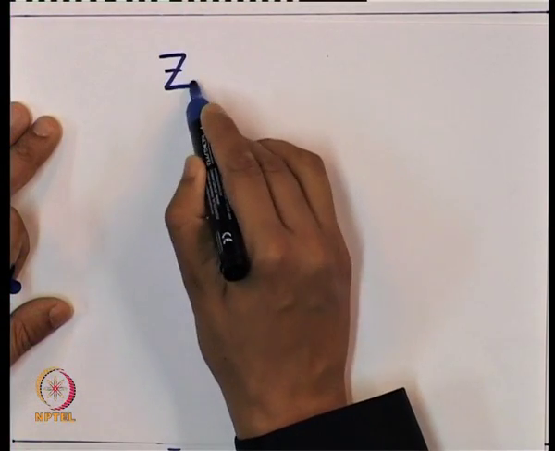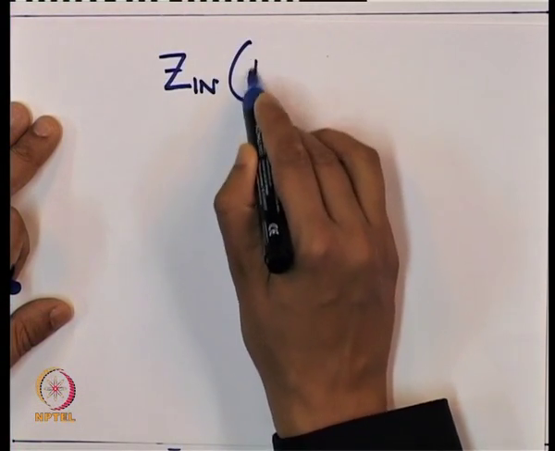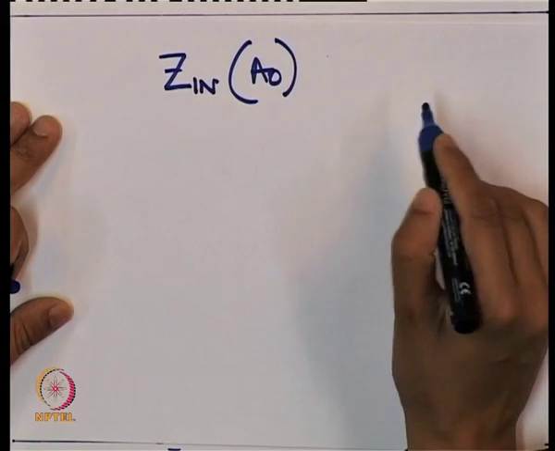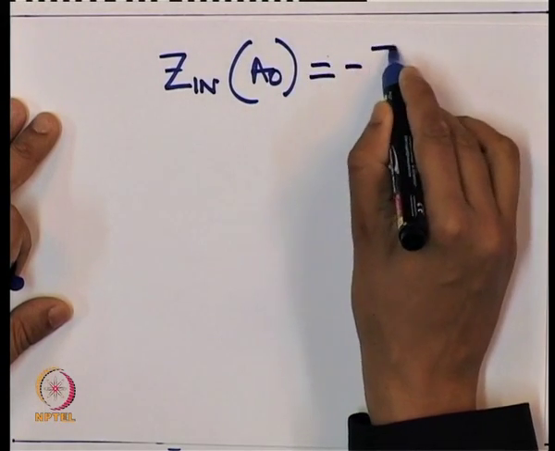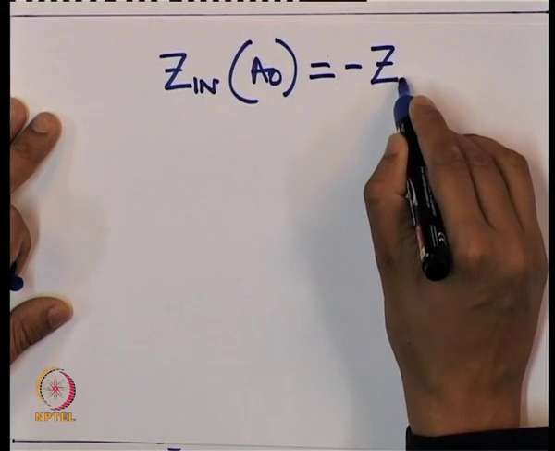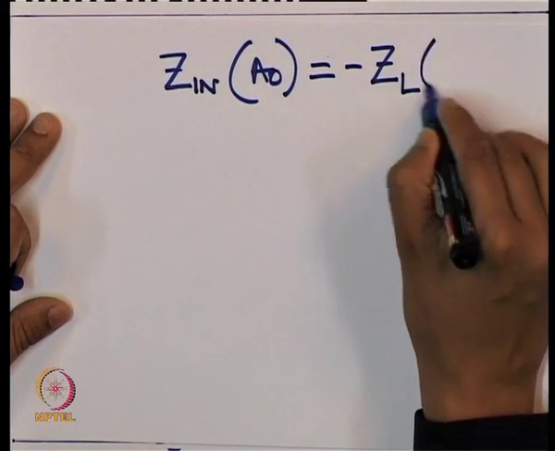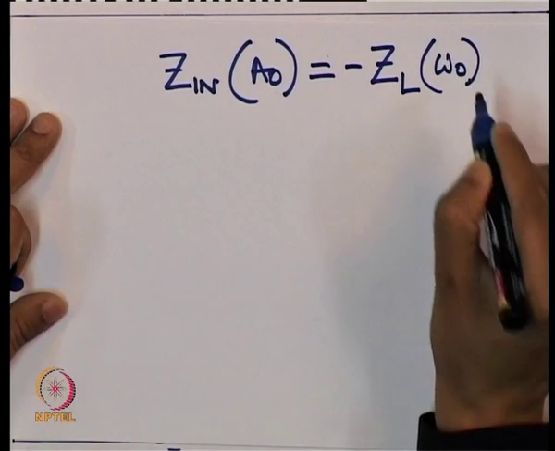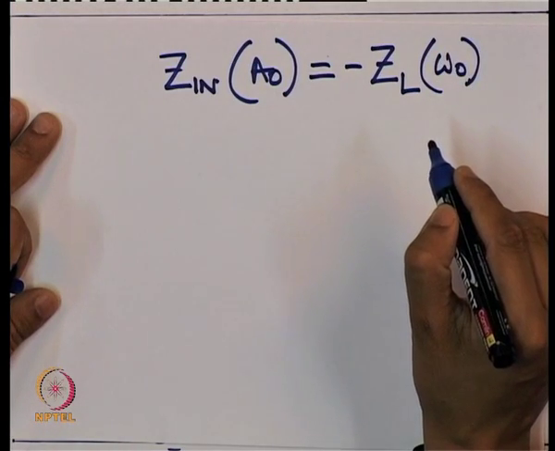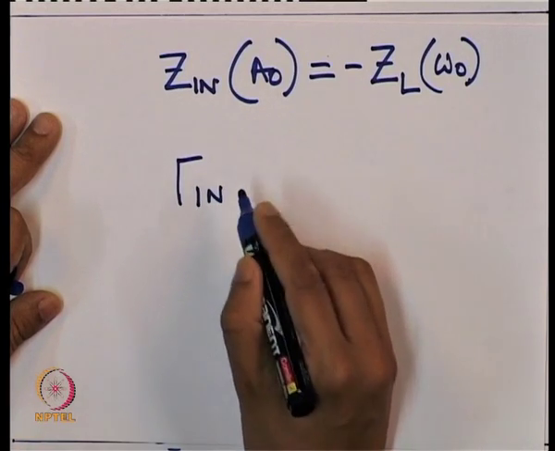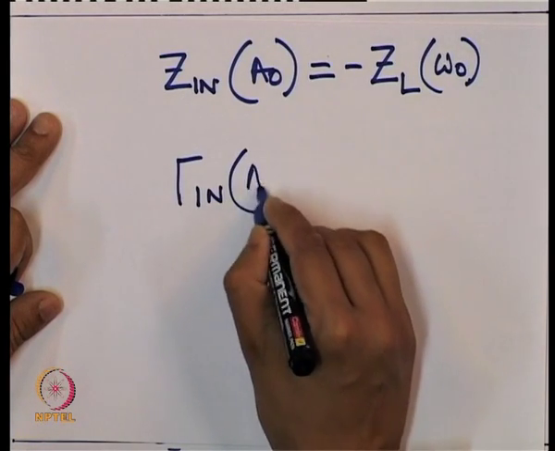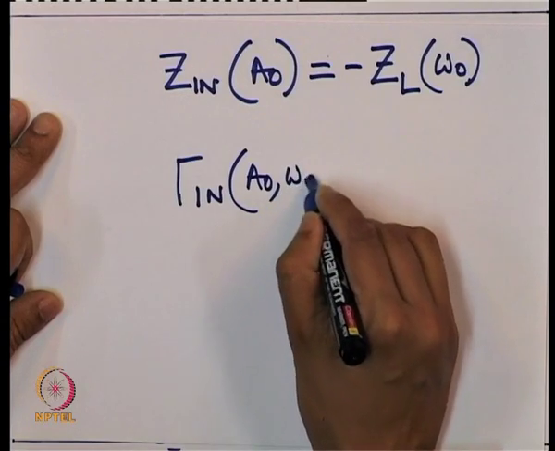At the point of oscillation, this Zin, which is primarily a function of the amplitude of oscillation, should be equal and opposite, or negative, of the impedance offered by the resonator. Now, in terms of the reflection coefficients, we can show that this condition can also be expressed.